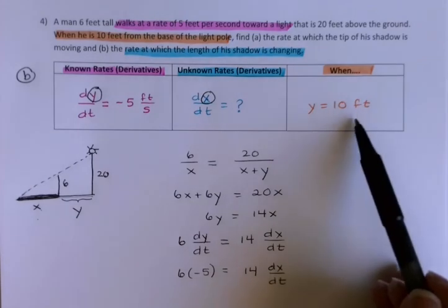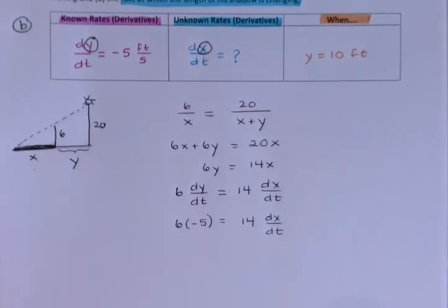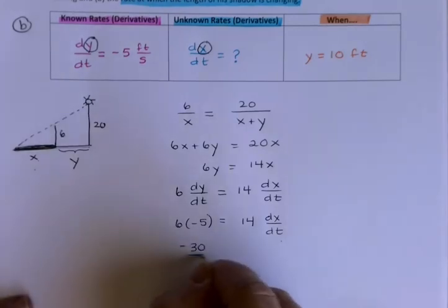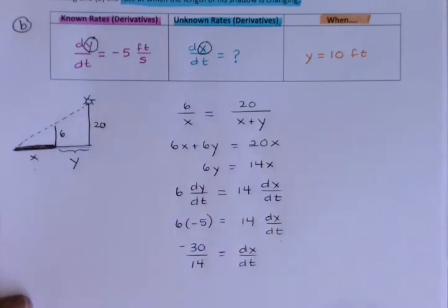And you might be saying, but wait a minute, there's no place to put the 10. That's true. It looks like in this particular problem, dx/dt isn't going to depend at all on where we are. It's going to be the same all the time. So negative 30 over 14 is dx/dt, or about negative 2.14.